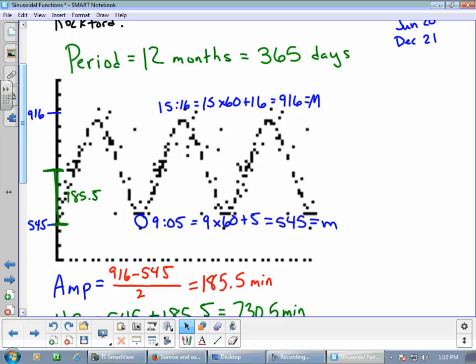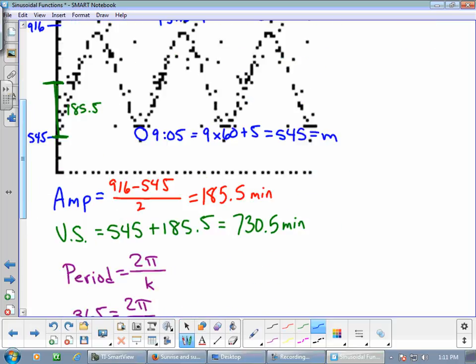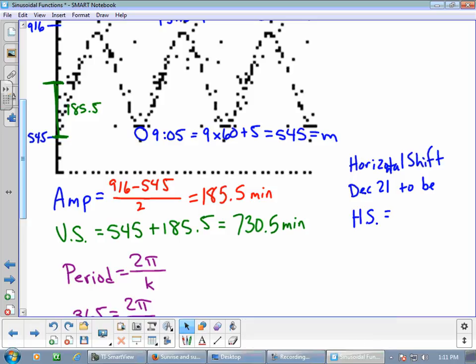So in terms of our horizontal shift, we want December 21st to be the horizontal shift. What day of the year is December 21st? If you were to number the days 1 through 365, 355?